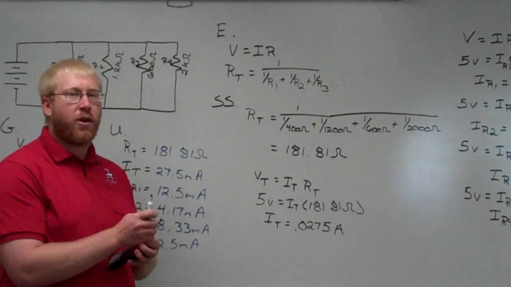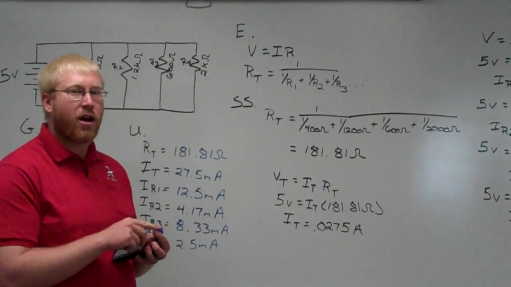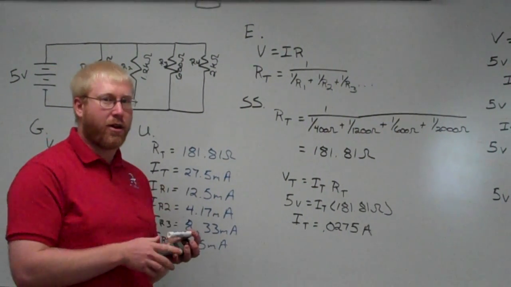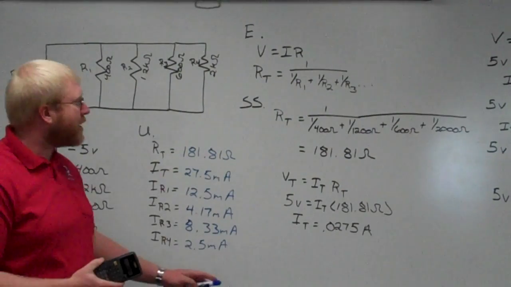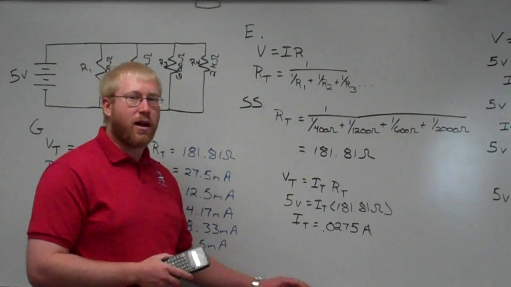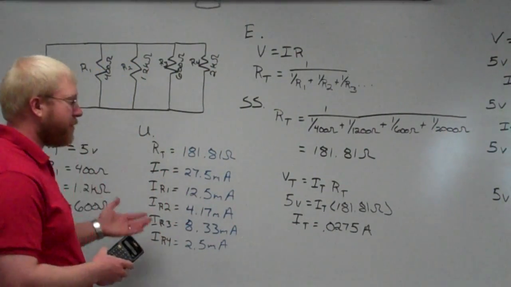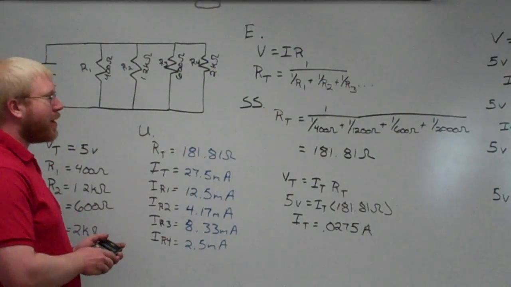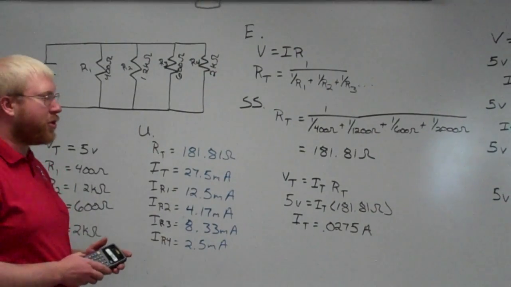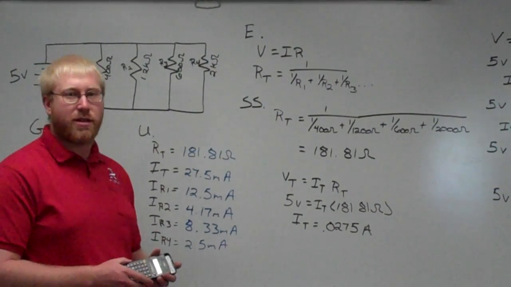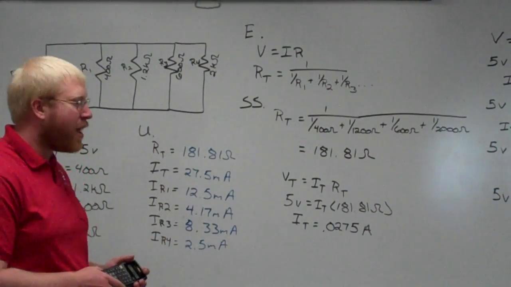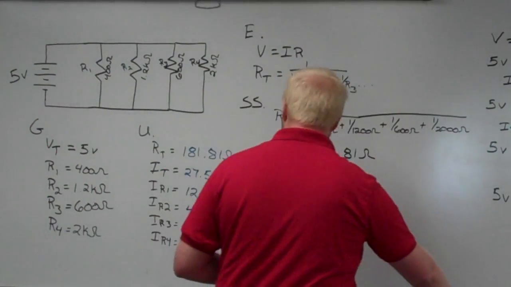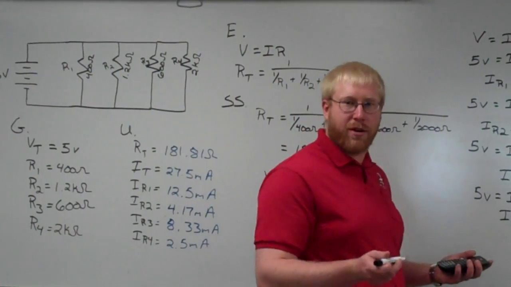One thing we're supposed to do next is use Kirchhoff's law to double check our answer. In series, Kirchhoff has a voltage law which says all the voltages at the different resistors add up to the source voltage. In parallel, Kirchhoff's law says that all the currents throughout the resistors have to add up to the total current. So what we're going to do is add all of our currents.